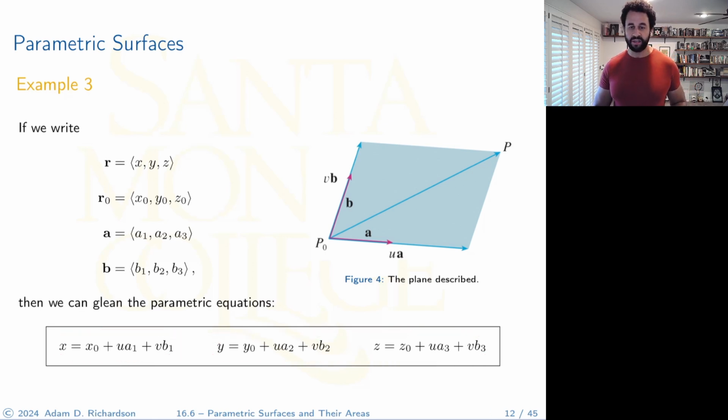And this is where I want you to take a moment and just realize how naturally generalized this is from the parametric equations for a line, right? When you had the parametric equations for a line, it was essentially the same structure, except you didn't have this third term, right?